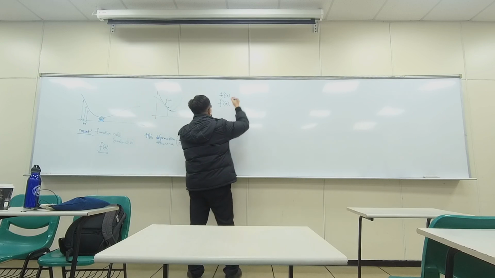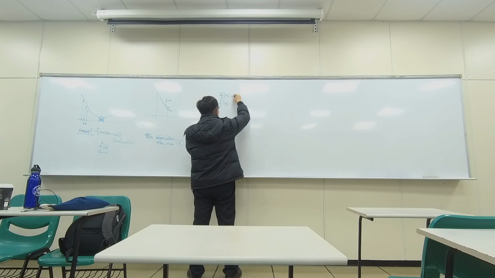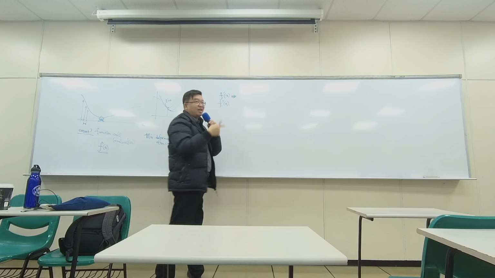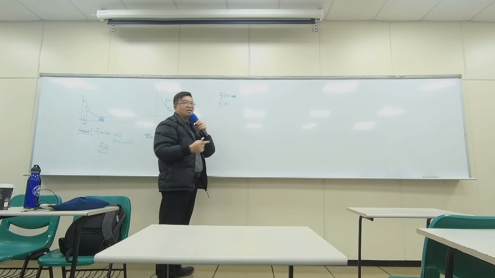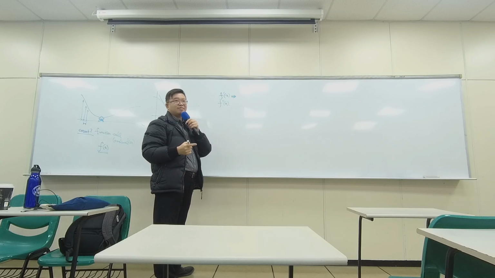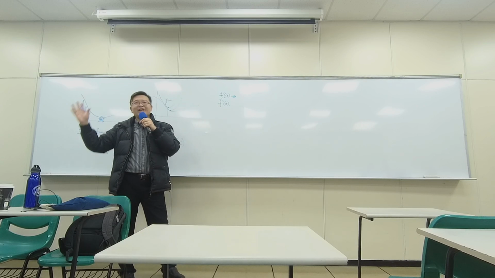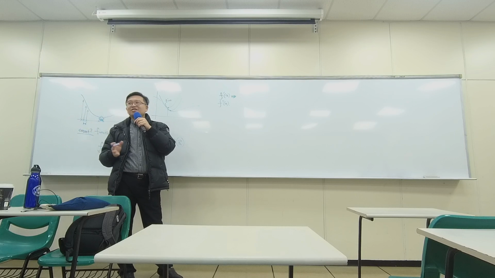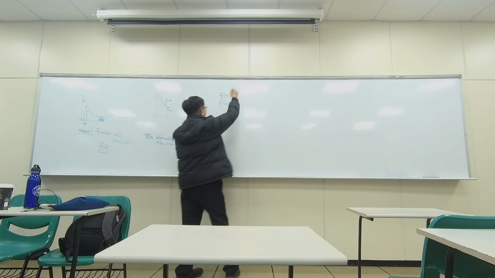So what you can do in real life is estimate the derivatives. Does anyone know a way of estimating derivatives? Something that is finite? Okay, it's called a finite difference.